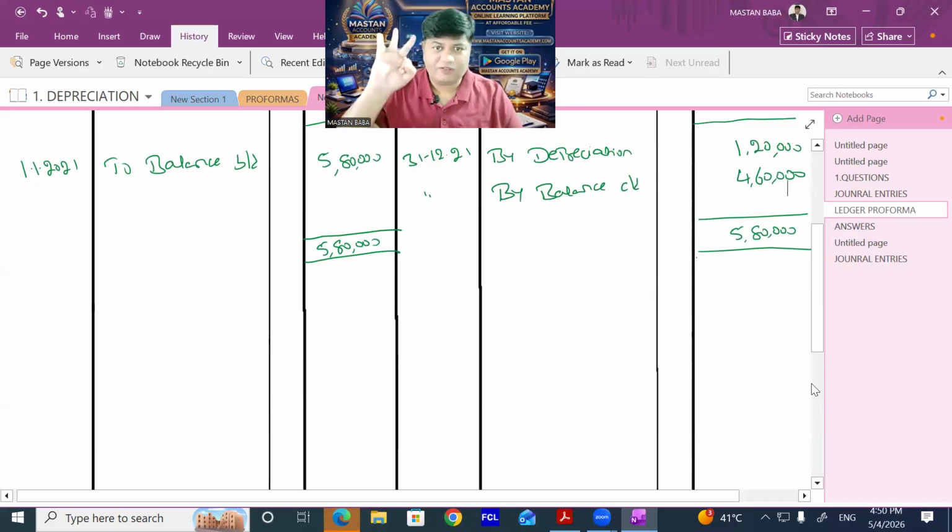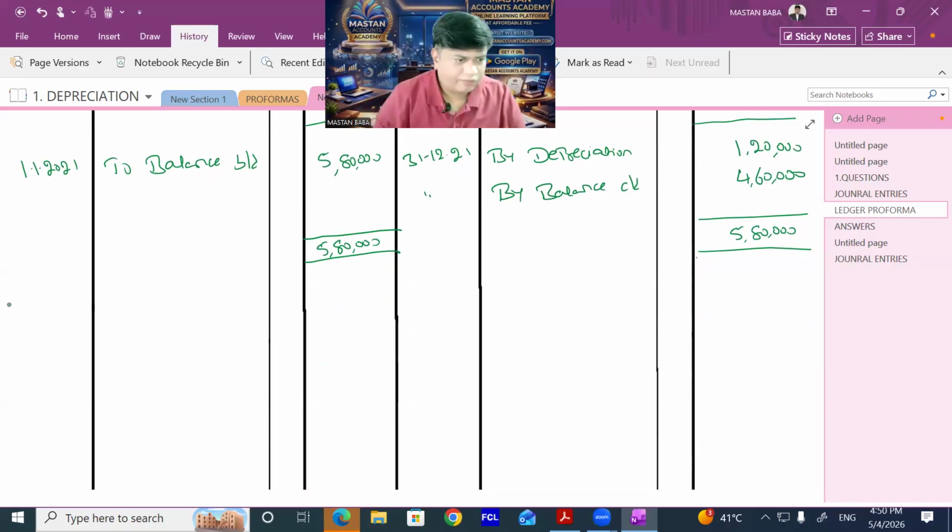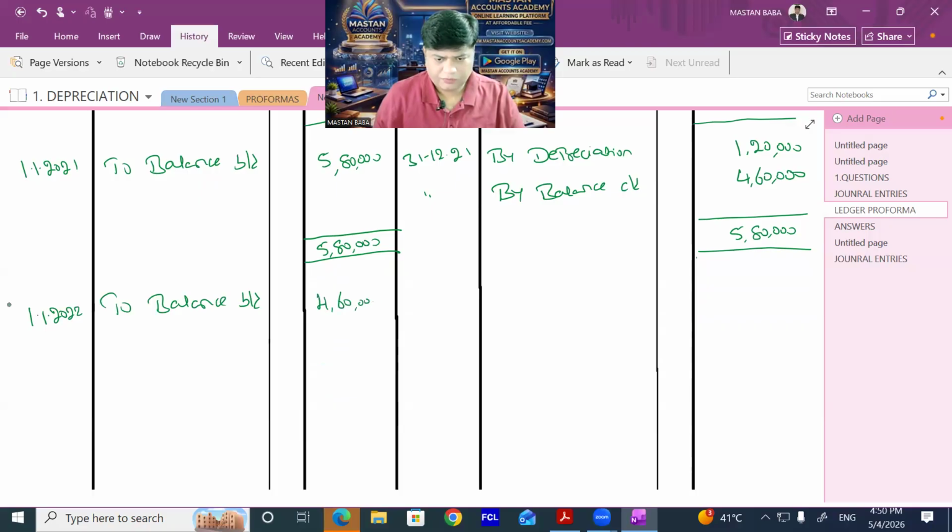So 2 years completed. The question is asked for 3 years, so the last year we are going to do. 1/1/2022 to balance brought down 4,60,000. 31/12/22 by depreciation, the same figure, 1,20,000.